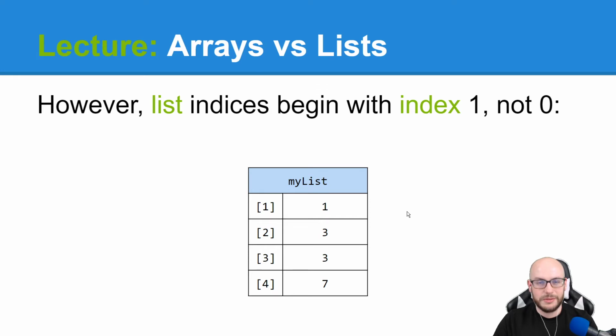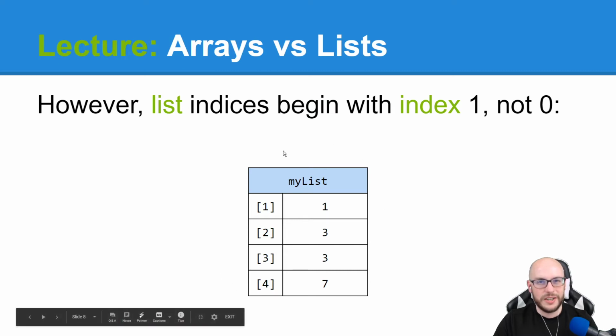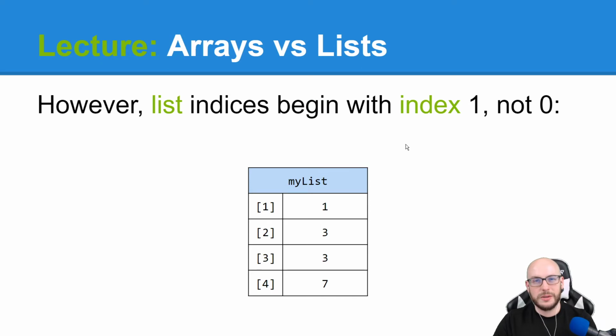Now, this one bugs me. This one bugs me a lot. Because for the most part, it is mirroring Python, right? Lists are going to be very similar to how arrays/lists are handled in the Python programming language. However, even in that language, the indices begin at 0.